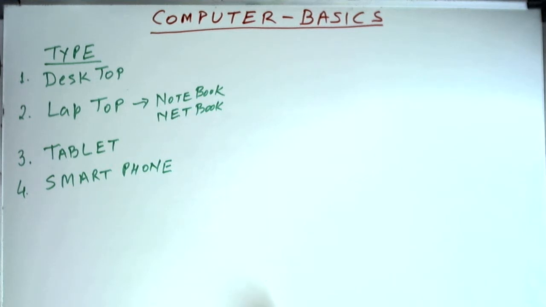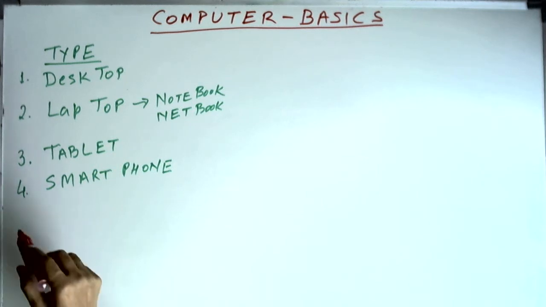Similarly, there is a smartphone from Samsung, and they also have many features which are similar to a computer. In fact, progressively people are saying that desktops, because they are very bulky and other things, will remain in the office. But number 2, number 3, and number 4 are the ones which most of the people will use for their personal use.